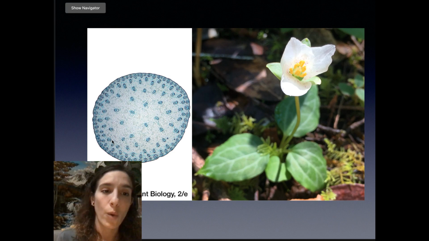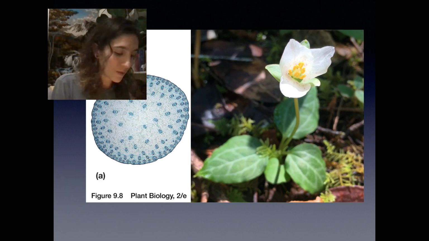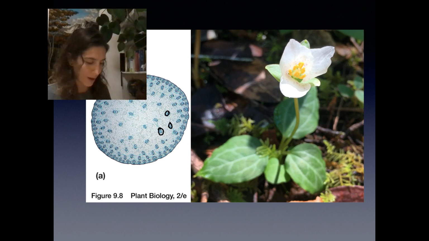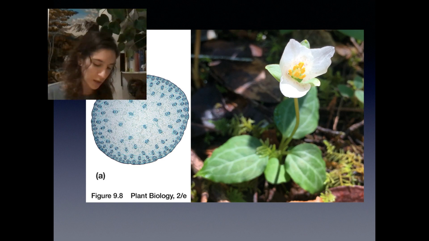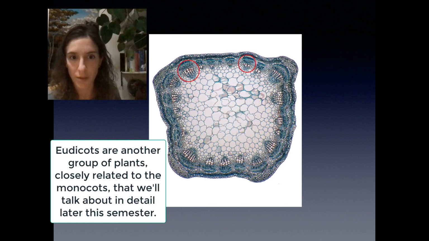And part of the reason is the organization of their vascular bundle. Notice how the vascular bundles are arranged in a haphazard fashion around the interior of the stem. So imagine that this cross-section was taken right through the stem. This is opposed to the way that eudicots have their vascular bundles arranged.